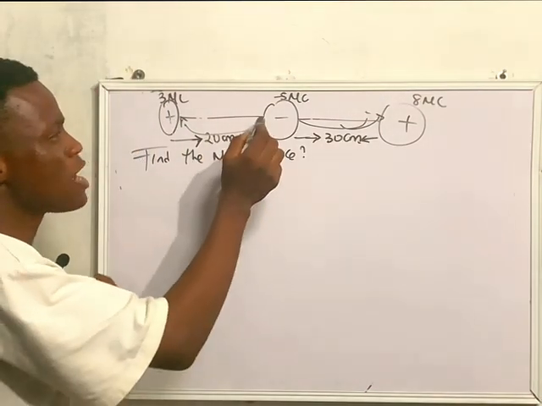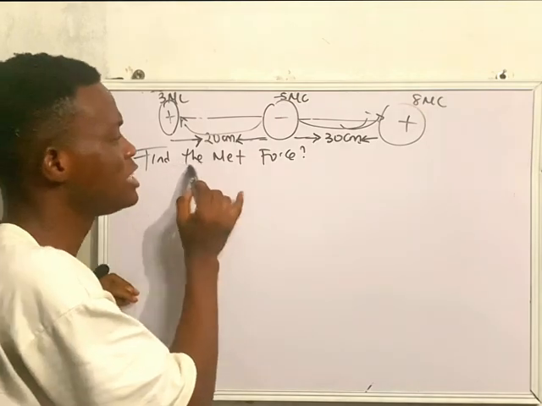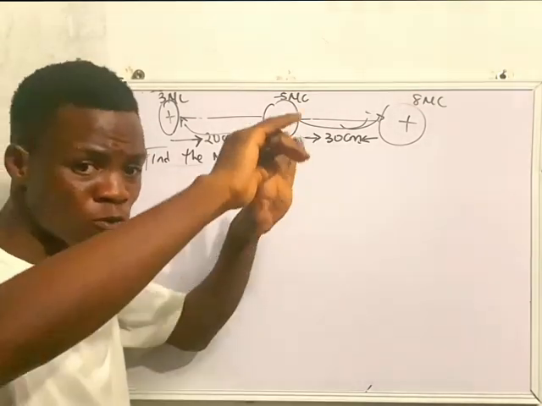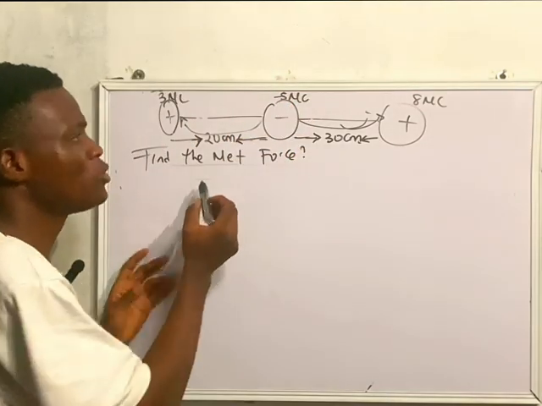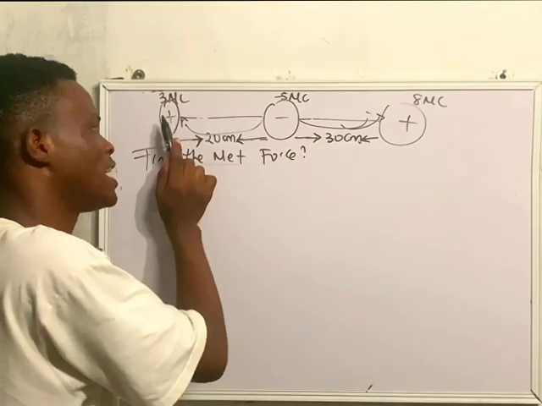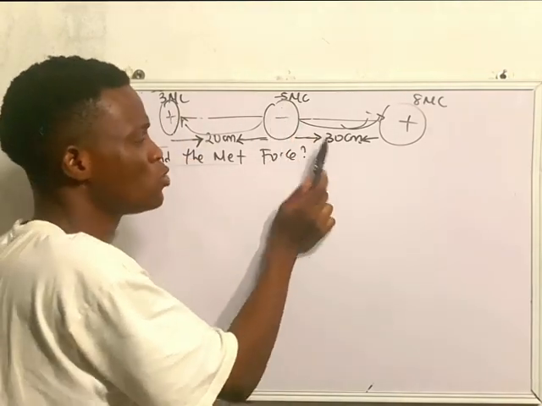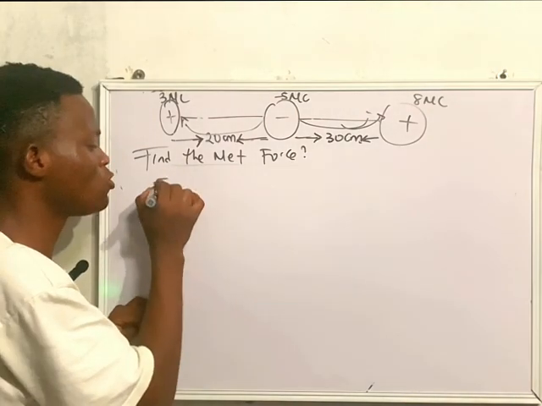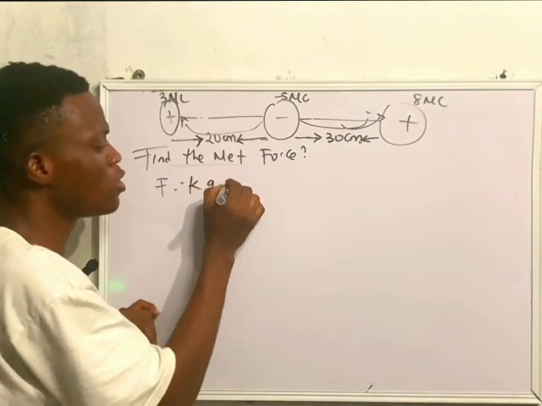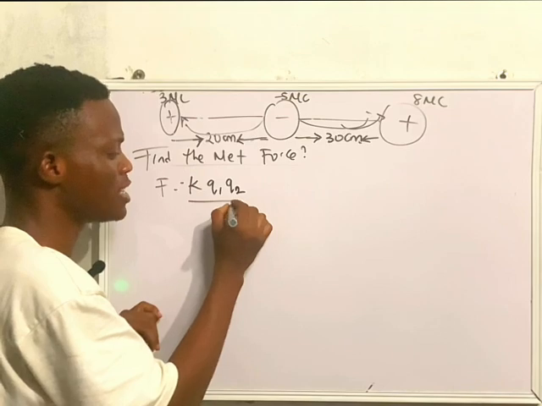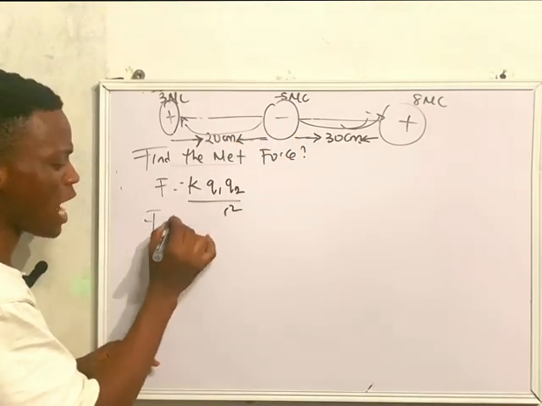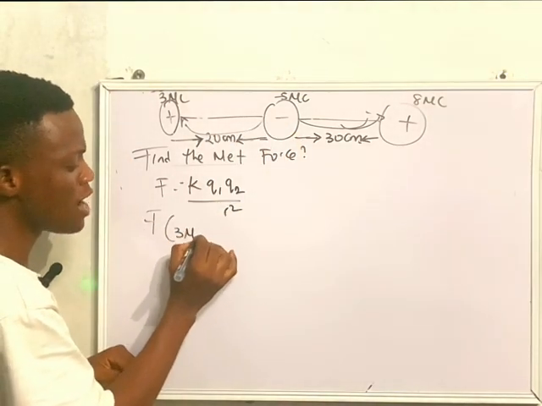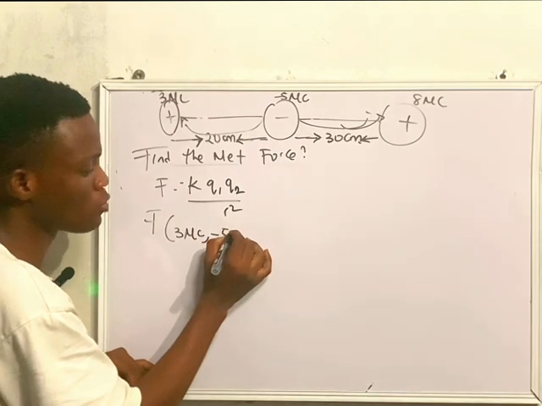Because we are asked to look for the net force, that is the total force on everybody. That means I have to calculate when this one attracts this one, and also when this one attracts this one. My F is equal to KQ1Q2 over R squared, for 3 microcoulomb and minus 5 microcoulomb.